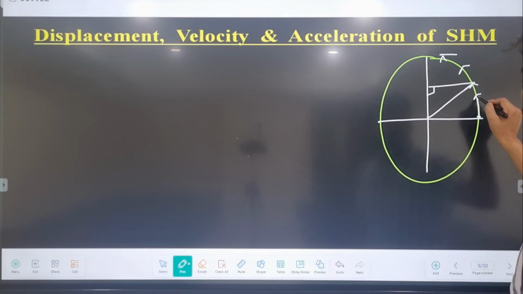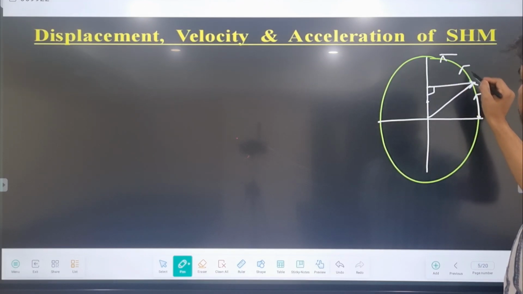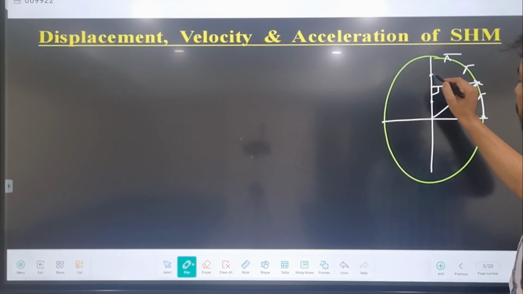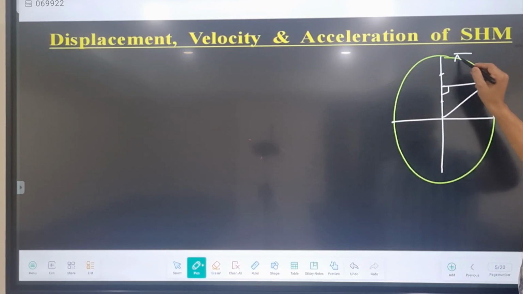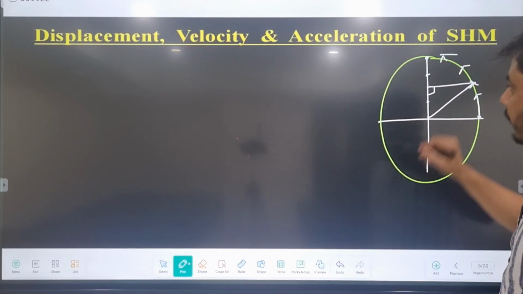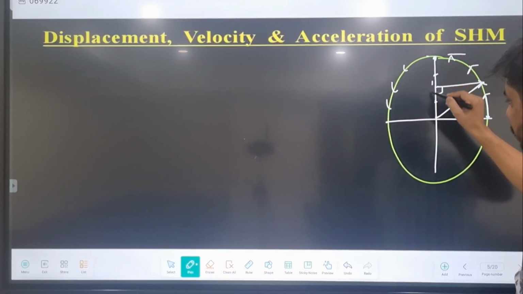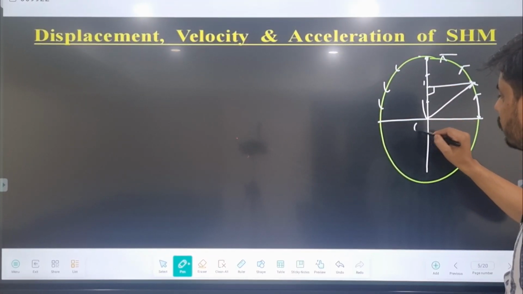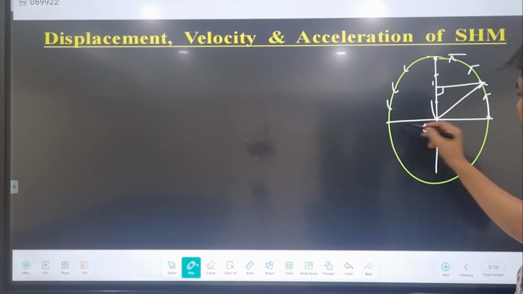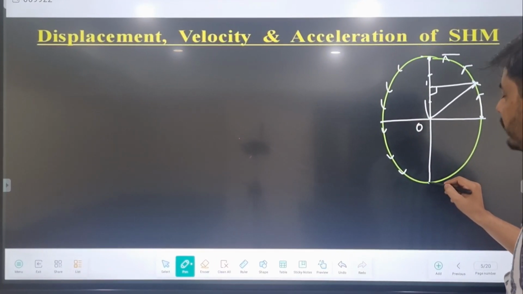When the particle starts from here to here, the foot of the perpendicular will move from this point to this point. Again, if we increase, the foot of the perpendicular will move up to this part. Again, at a point you can see the foot of the perpendicular will reach there. Again, when the particle moves along this direction, the foot of the perpendicular will decrease up to the center O. Again, the particle will move and the foot of the perpendicular will move in downward direction.